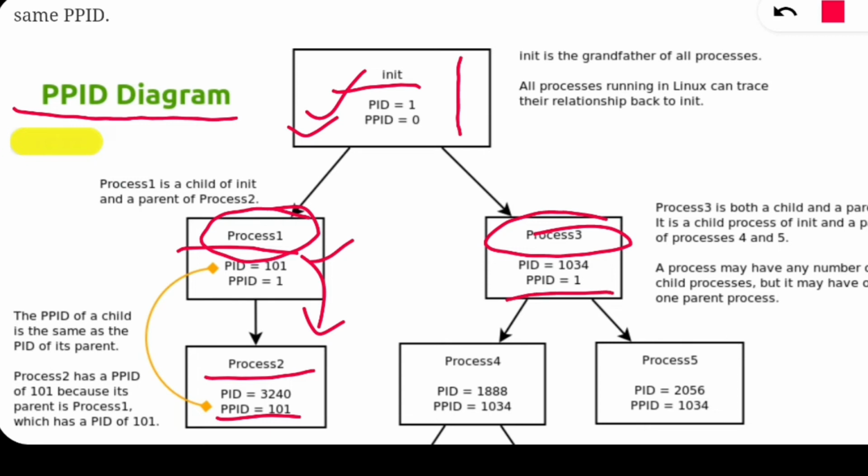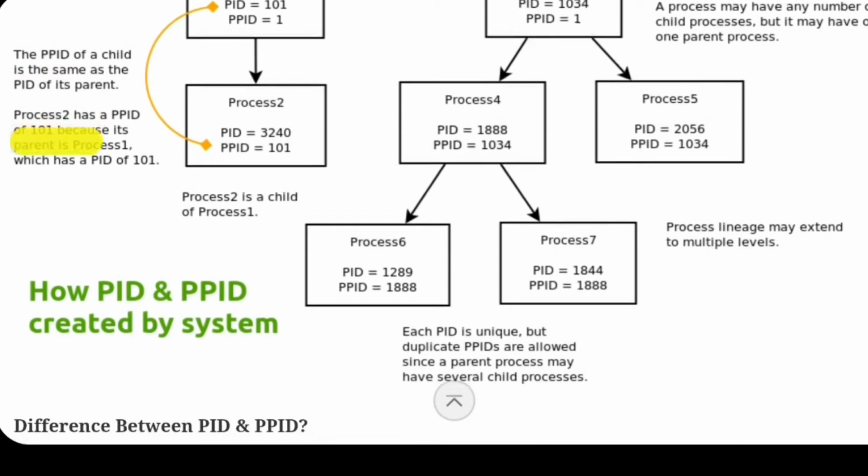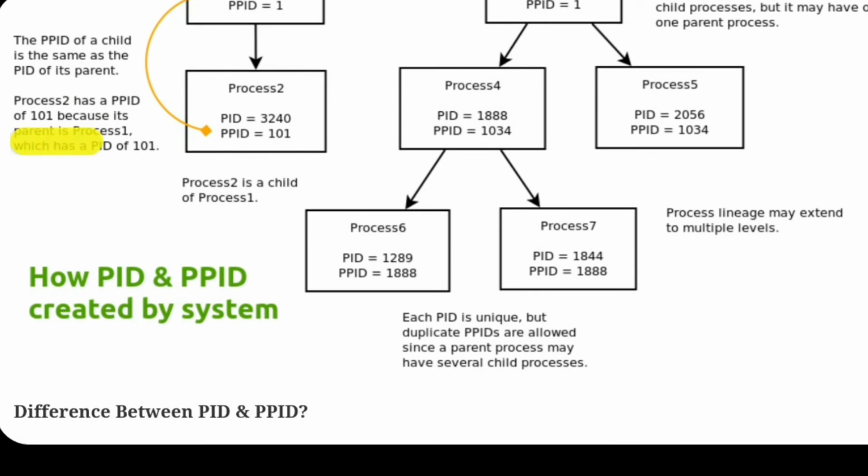This is the parent process ID for this one, and a separate process value will be given for that. In this way, if you create more processes, the IDs are going to change in such a manner. Here the PPID is 1888, the parent process ID of this one, and same for this one.